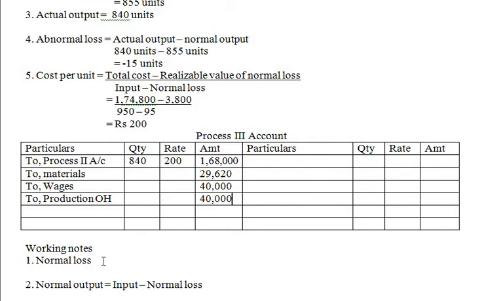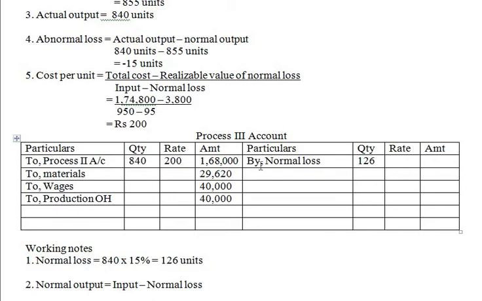Now we need to find out normal loss. Normal loss is 15% on input. So input is 840 units into 15%. That will be equal to 126 units. Okay, so this we are going to record on the credit side by normal loss, 126 units.